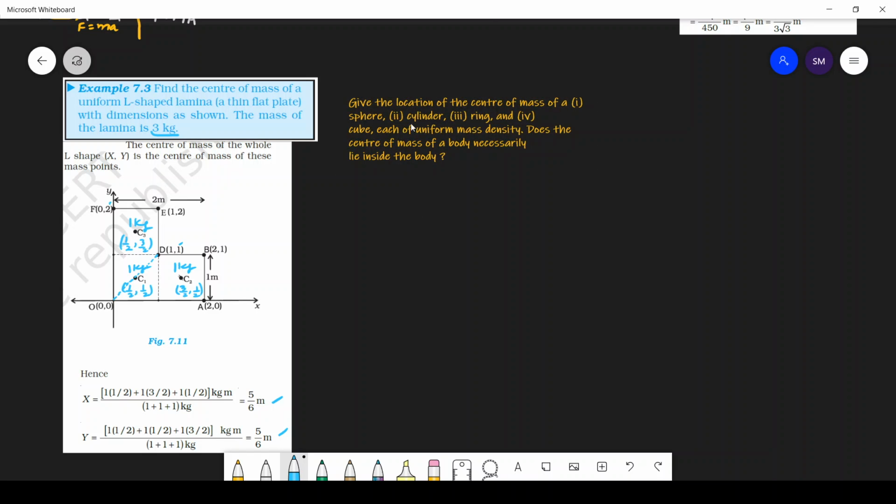Location of center of mass of a sphere, cylinder, ring, cube, each of uniform mass density. Does the center of mass necessarily lie inside the body?